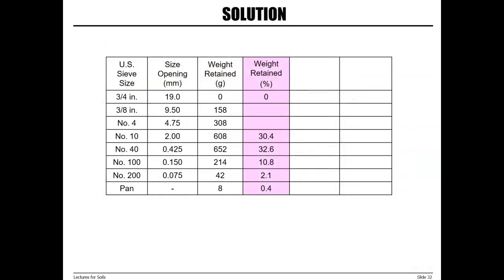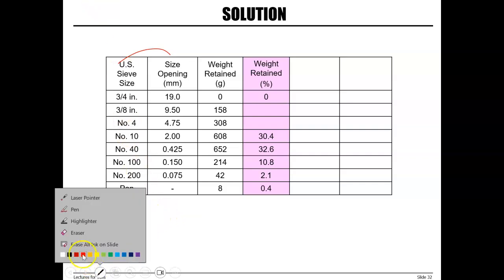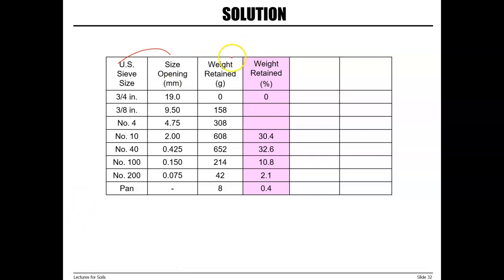So now that we have our sieve size and sieve opening size, and we calculated weight retained, the next thing that we need to do is to calculate weight retained percentage. Here we had weight retained in grams.